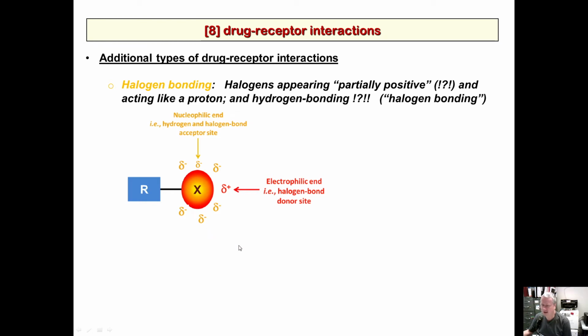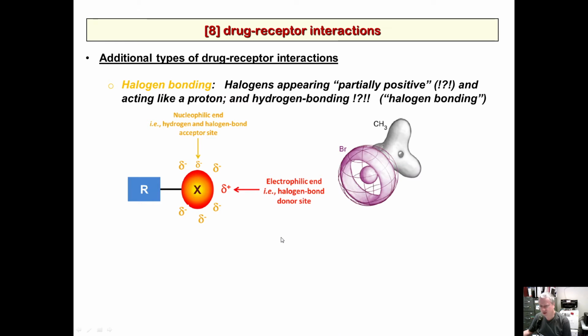Not usually in normal organic chemistry, but in the Friedel-Crafts reaction and aromatic chapter of the book, we have cases where the halogen lone pairs attack something like a metal. Anyway, this tip area is electrophilic, so things can either react with it or just interact with it, and it's what we call the halogen bond donor site.